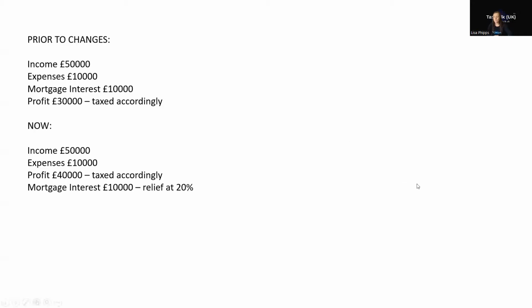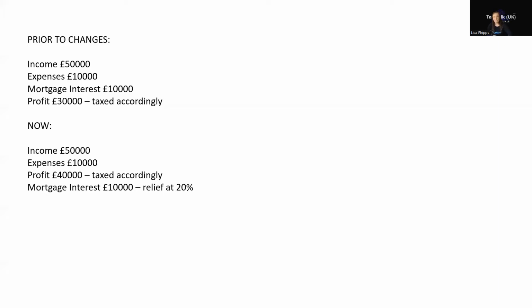Now what will happen is we're looking at the same figures because we want to see how it affects us. So we have the income of £50,000 and expenses of £10,000. So that gives us a profit now of £40,000, and that is going to be taxed accordingly.